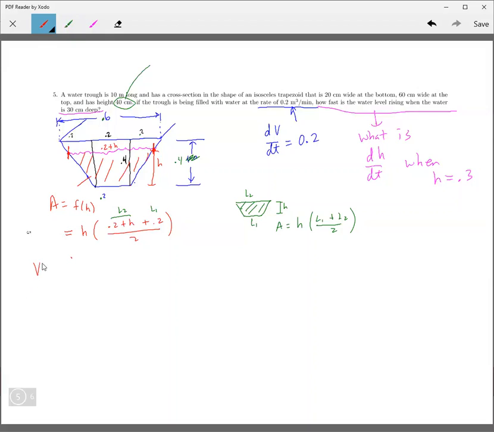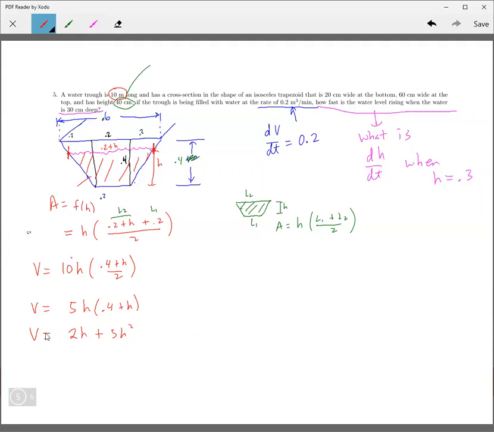So that means that the volume, because it's 10 meters long, is 10 times h times 0.4 plus h, all over 2. Now this 2 and the 10 reduce to a 5. And then you distribute that: 5 times 0.4 is 2, so 2h, plus 5h times h, which is 5h squared.